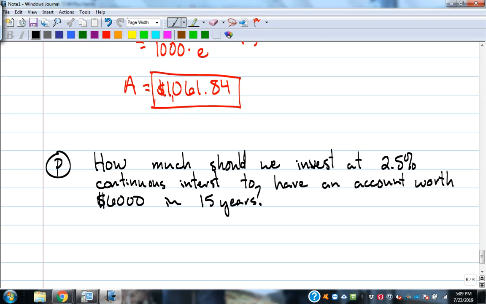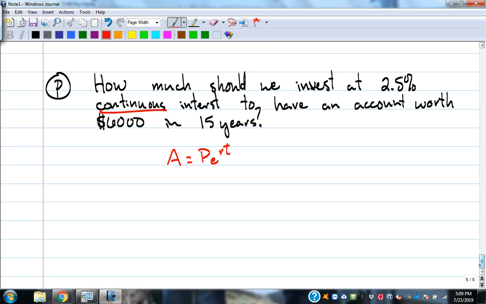So 15 years is our time. Our principal investment, we don't know, but our account worth, we do know. So when we're setting up that problem, it's a continuous interest, so we know it's the Pert formula. So we're going to plug in the things we know.